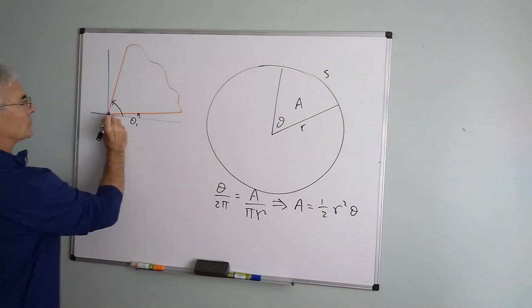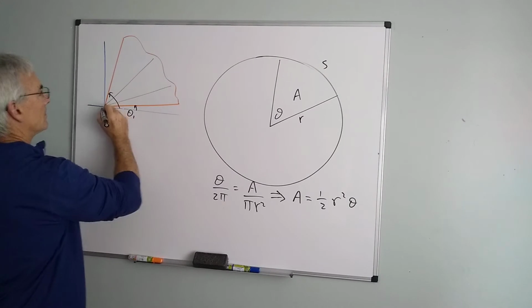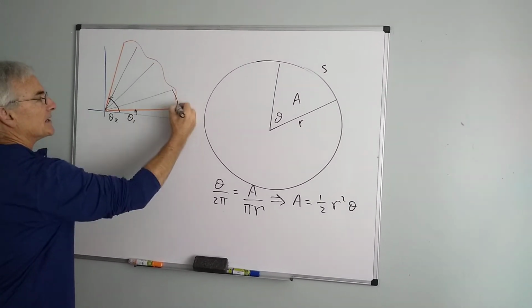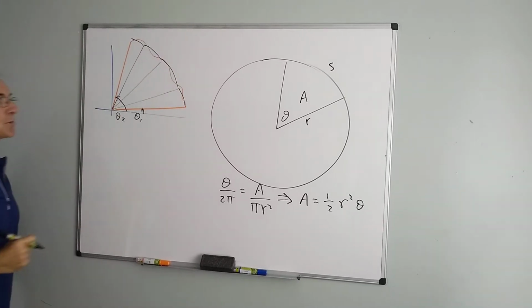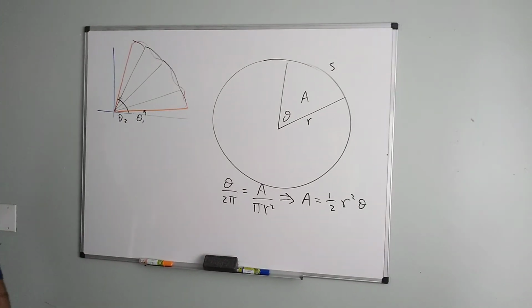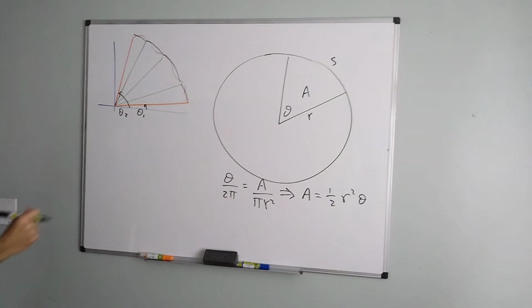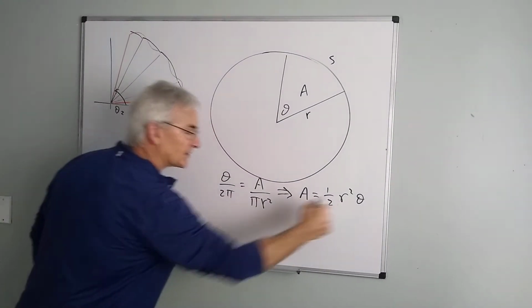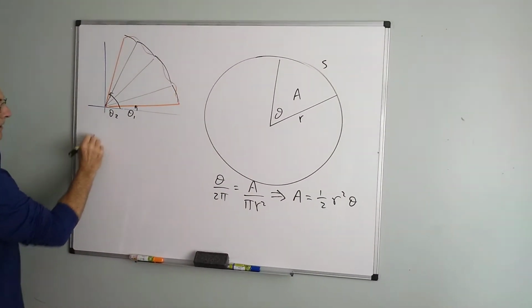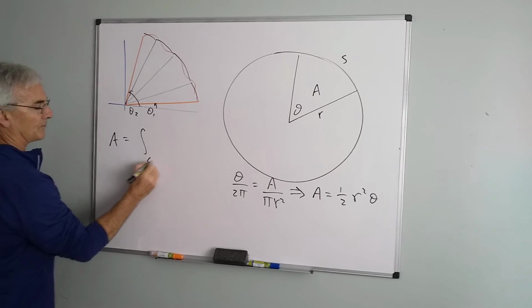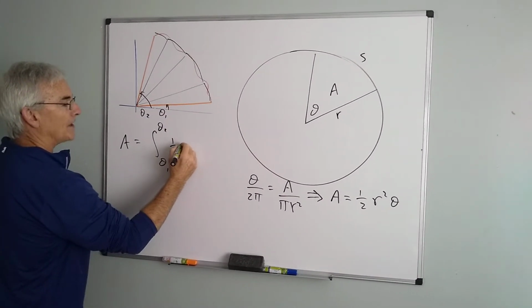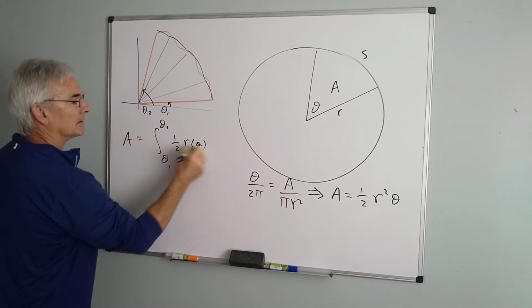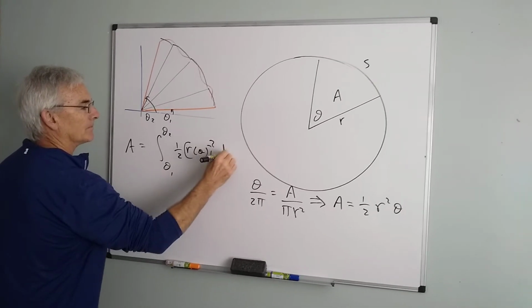What we did was we used the Riemann sum, but instead we split it into little sectors. So each of these pieces would be a sector of a circle. And what we found was, when we did this, we basically integrated over theta. So the area was the integral from theta 1 to theta 2 of 1/2 r of theta squared d theta.